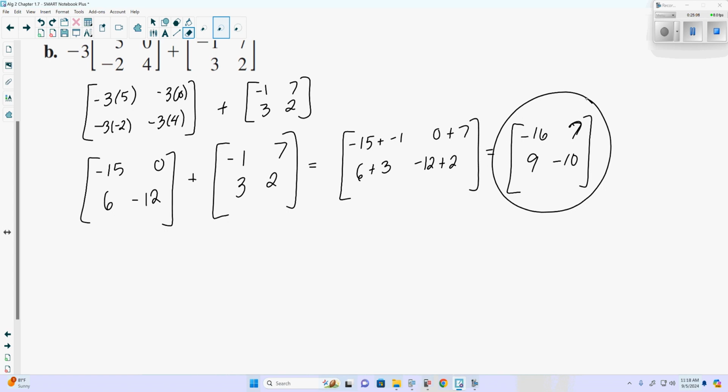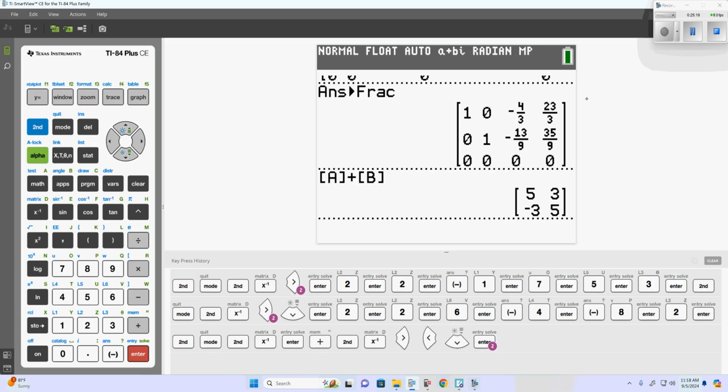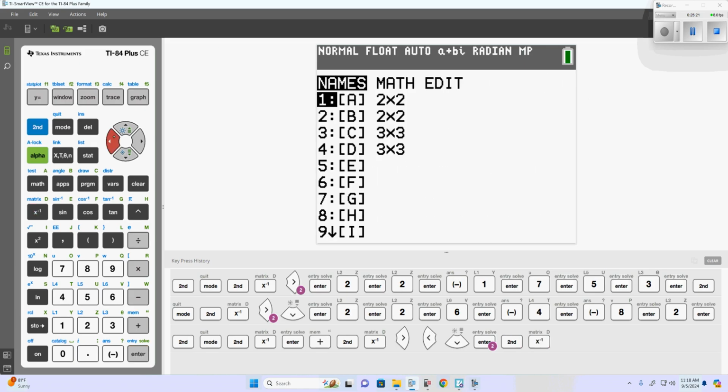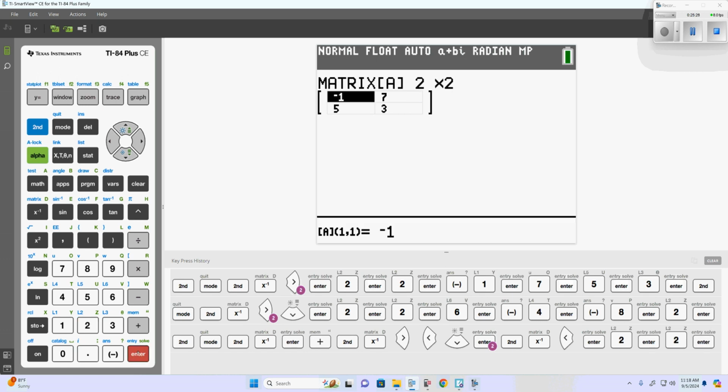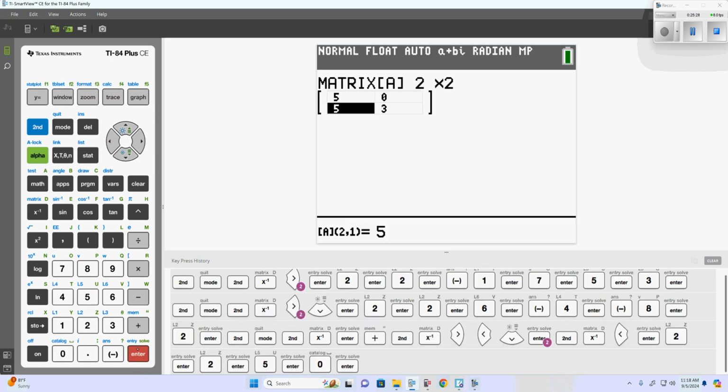Now, when we start getting multiple scalars put together, the calculator gets to be a little bit quicker, because we can do this in the calculator. So if I pull the graphing calculator up, first thing I need to do is put in matrix A, which is a 2 by 2, 5, 0, negative 2, 4.